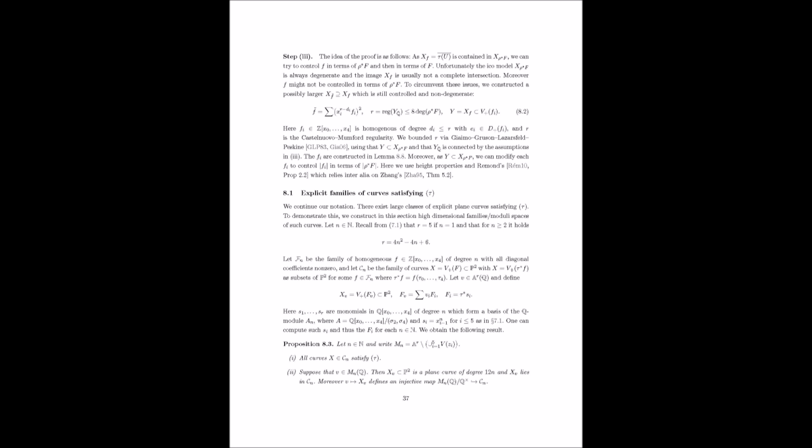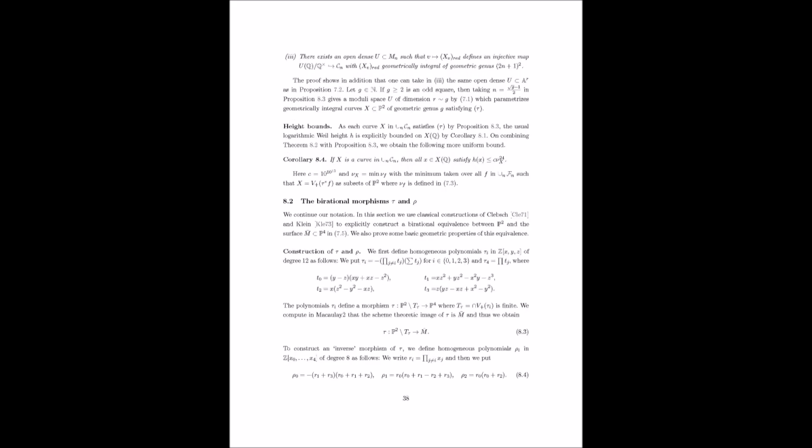These polynomials are designed to ensure that when we substitute them into our original equation, g of x, y equals 0, the resulting equation, along with those icosurface equations, defines a curve that lives completely inside of that icosurface. So it's like we're taking the coordinates of our original curve and transforming them into this new set of coordinates that fits nicely into the icosurface.